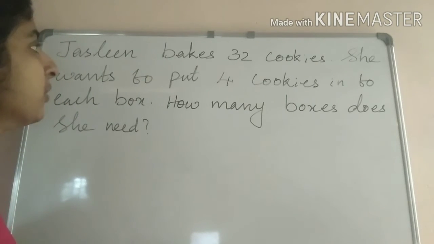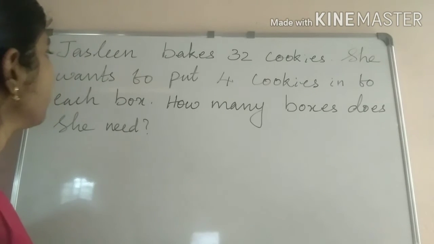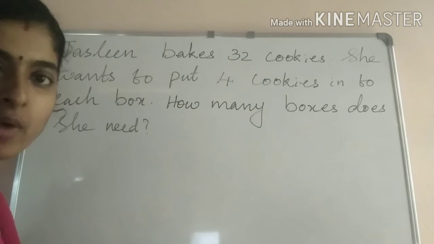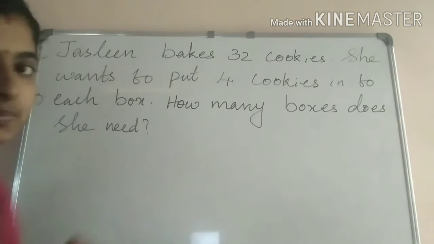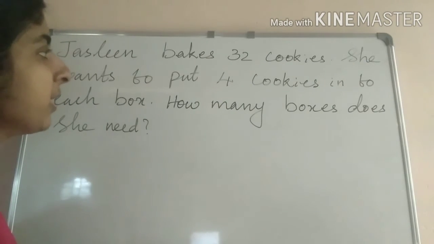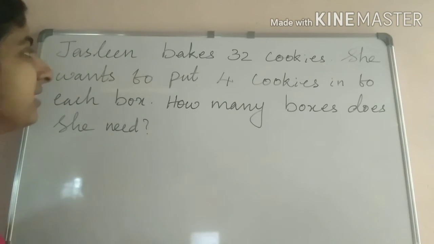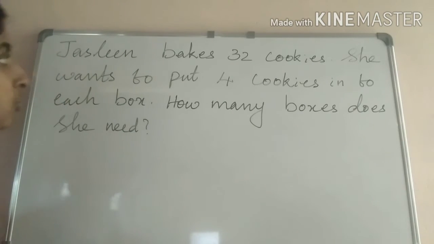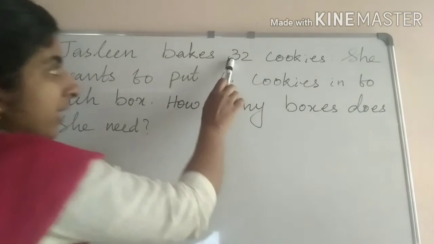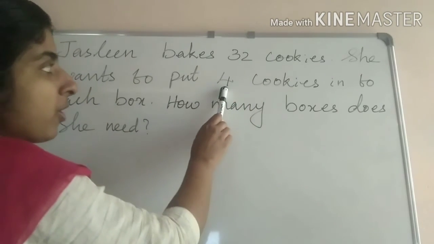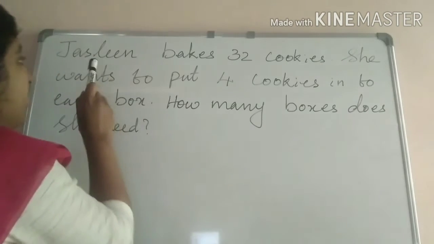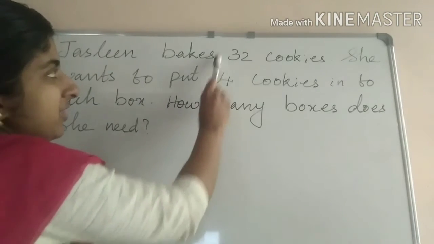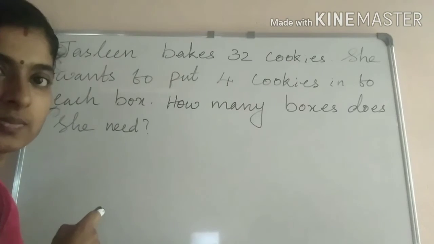She wants to put 4 cookies into each box. In one box, how many cookies? 4 cookies. Then, how many boxes does she need? Total 32 cookies. In one box, 4 cookies. That way, how many boxes does she need to pack these 32 cookies?